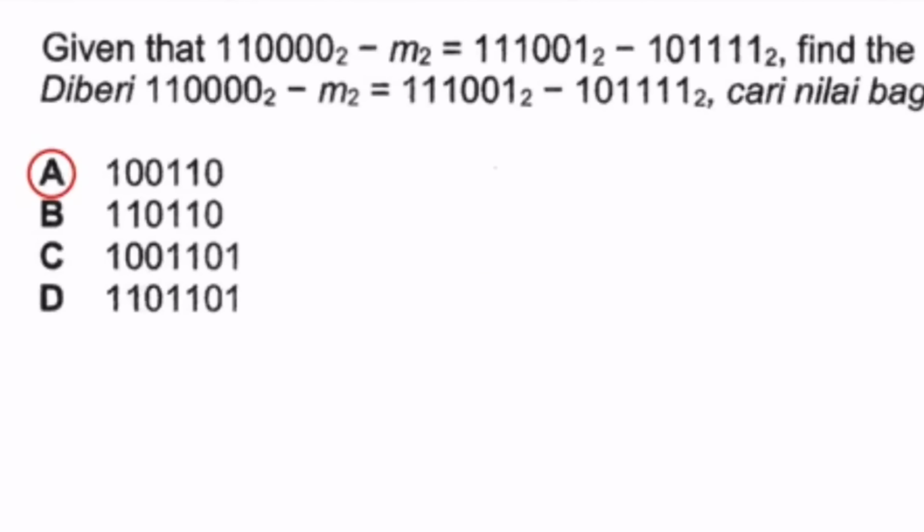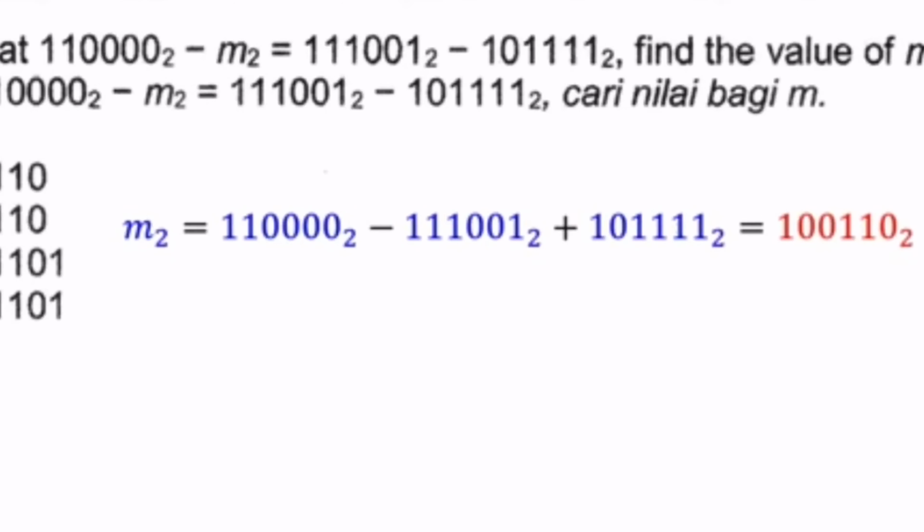For this question, you can get the answer easily using the calculator, but before that, you have to do some simple operation calculation. You have to shift the m squared to the right, and then the rest, the 111001 base 2, you have to bring to the left, so you have to change the sign.